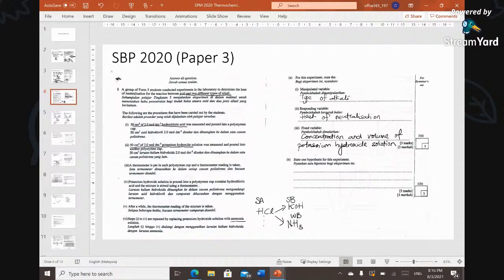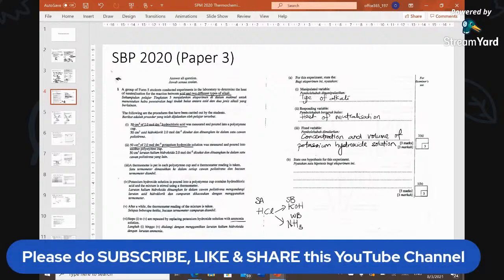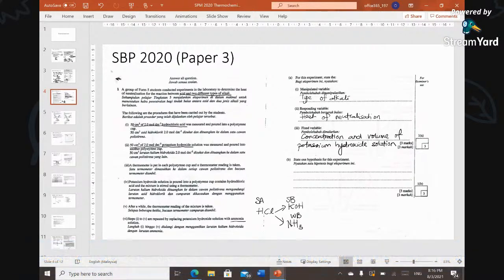Now you're going to talk about the reaction between a strong acid and strong alkali. You already know the strong acid is HCl and the strong alkali is KOH.